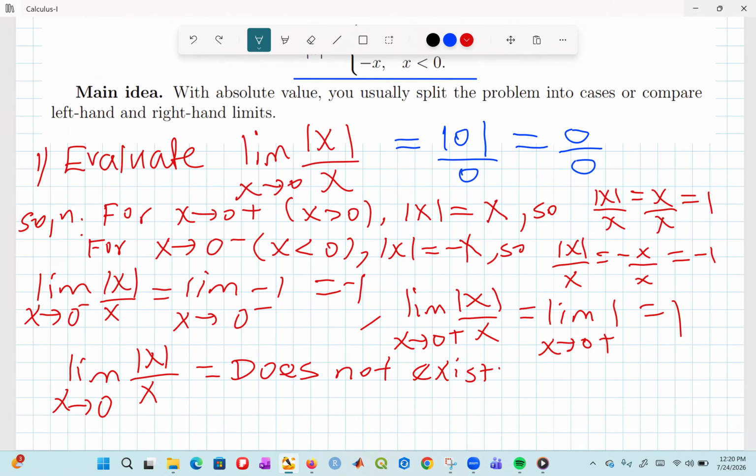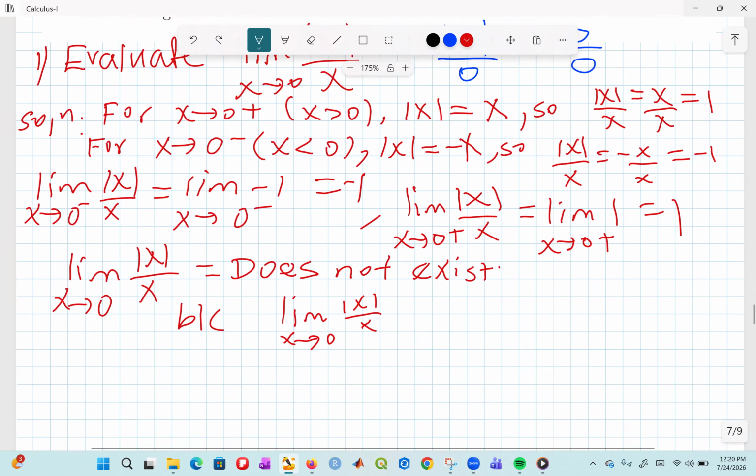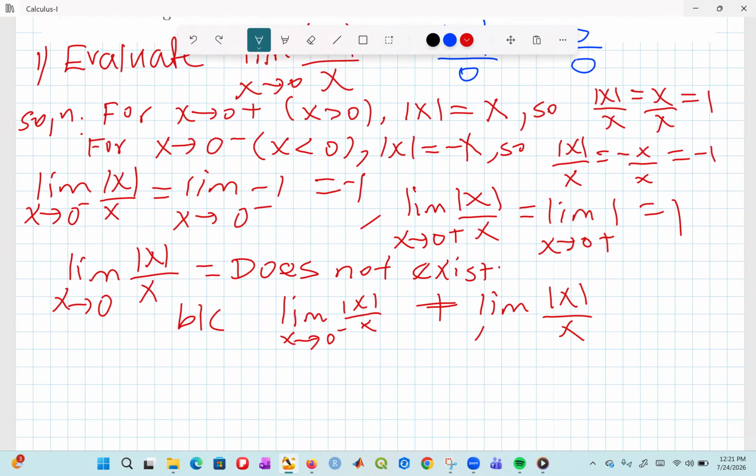Does not exist because of what? The limit of absolute value of x over x as x approaches 0 from the left is different from the limit as x approaches 0 from the right.